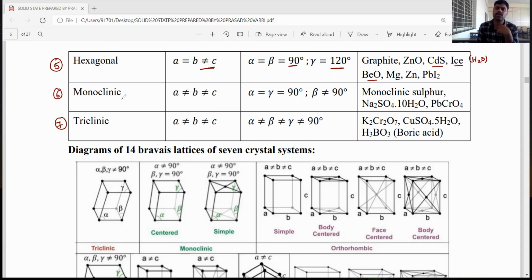And another one is monoclinic. Monoclinic means A not equal to B, not equal to C, but alpha is equal to gamma, beta not equal to 90, means 2 are 90, one is not equal to 90, maybe more than 90 or less than 90. Examples: monoclinic sulfur and Na2SO4 10H2O and lead chromate PbCrO4. And triclinic crystal system: A not equal to B, not equal to C, alpha not equal to beta, not equal to gamma, not equal to 90.